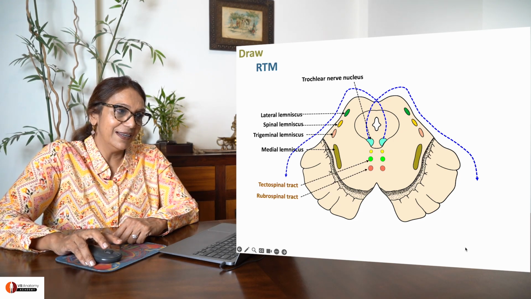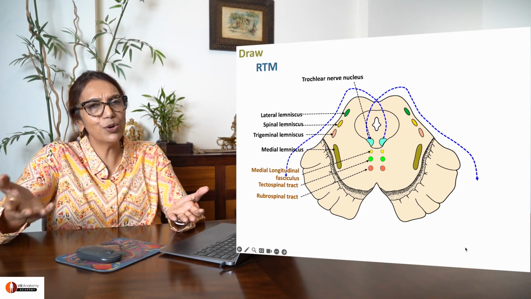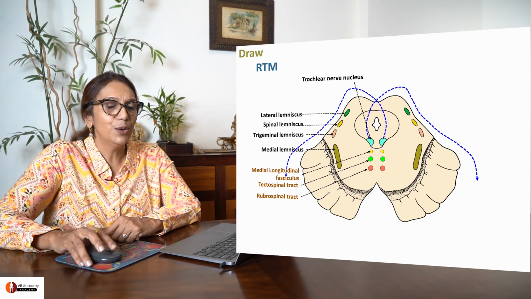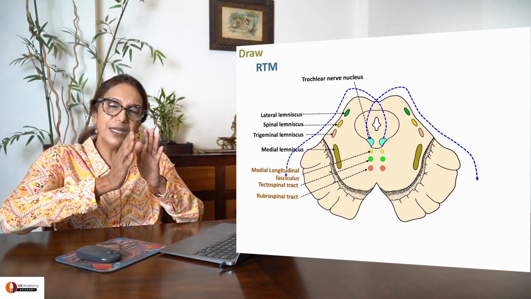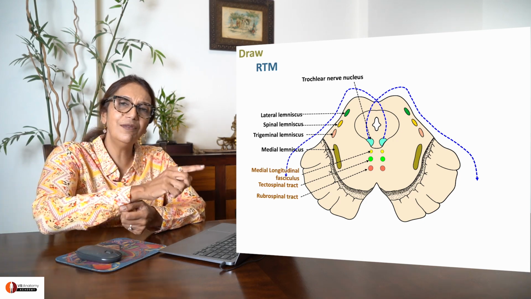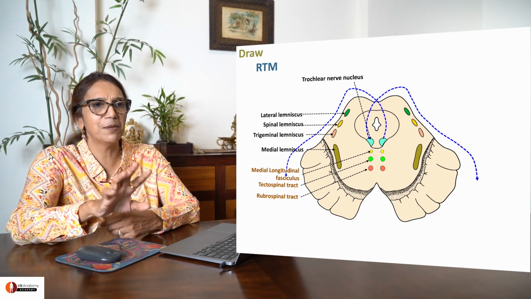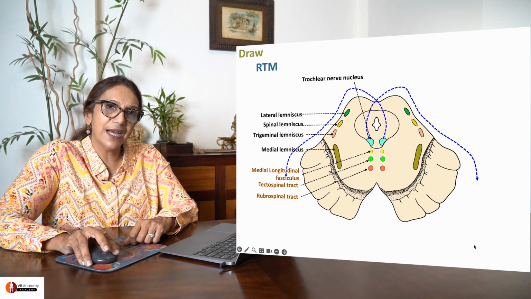Rubrospinal tract, tectospinal tract, medial longitudinal fasciculus, also called medial longitudinal bundle. Okay, they are three bands which are present just on either side of midline in the brainstem. So you should always remember to add the RTM, never forget, because they are there in almost every section. Okay, so you've added the RTM.